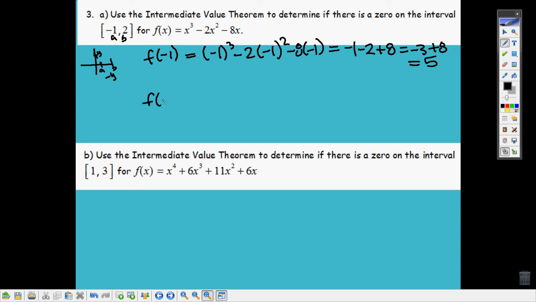So then I'm going to find f of 2. That's 2 cubed minus 2 times 2 squared minus 8 times 2. 2 cubed is 8. 2 squared is 4 times 2 is negative 8. And negative 8 times 2 is a negative 16. 8 minus 8 is 0.